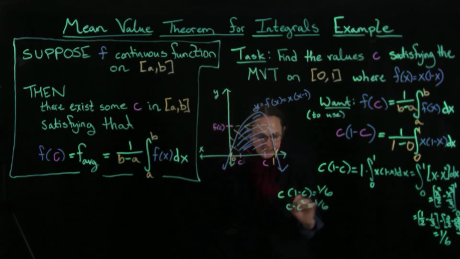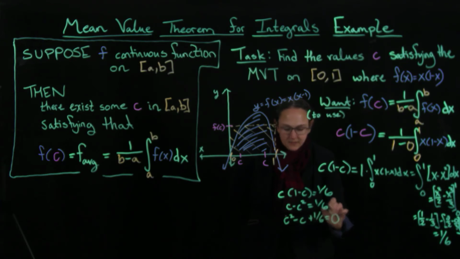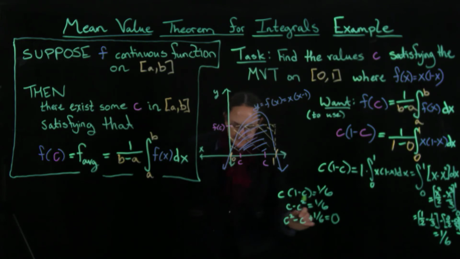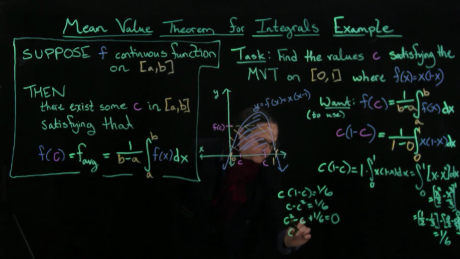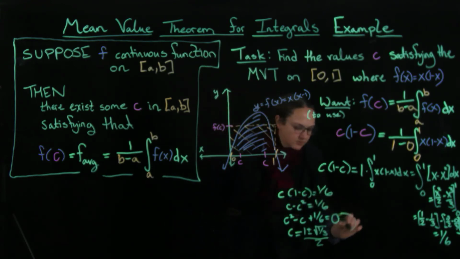Now this is just a quadratic, so I can bring everything to the same side and have that it equals 0, and I can just use the quadratic formula to give me that c equals 1 plus or minus the square root of 1/3, divided by 2. Okay? So just to emphasize, I used the quadratic formula.